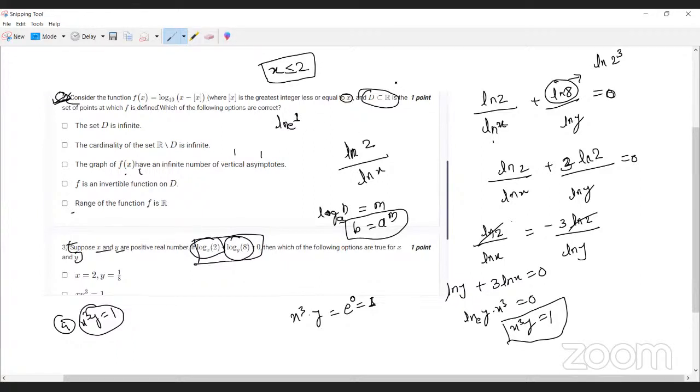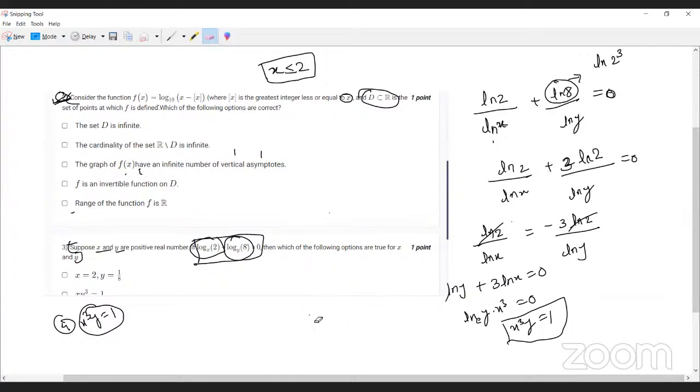Another way: is it possible that 1 by log x base 2 plus 1 by log y base 8 is equal to 0? Yes, we can do that. Then plus 1 by log of y to the base 2 to the power cube.